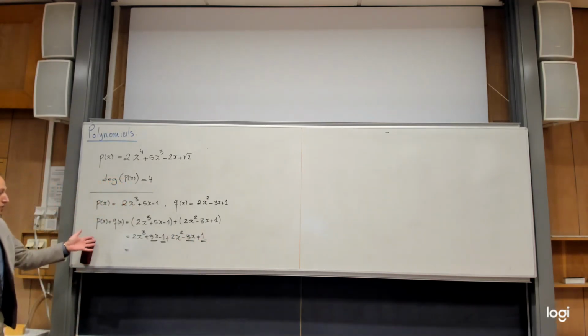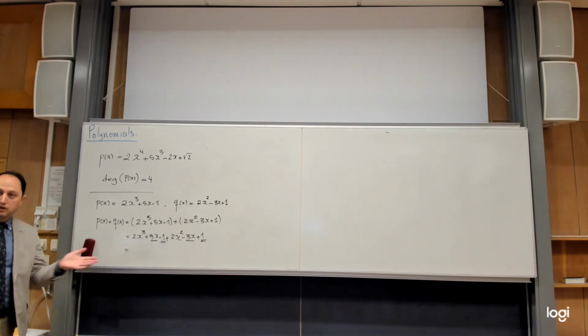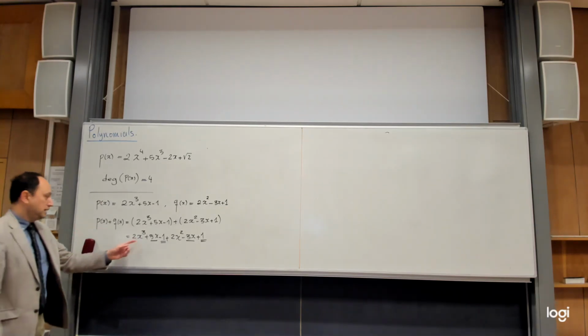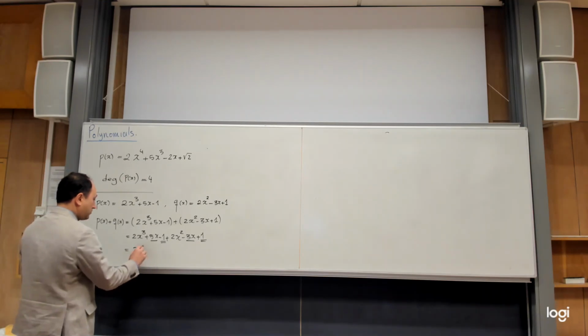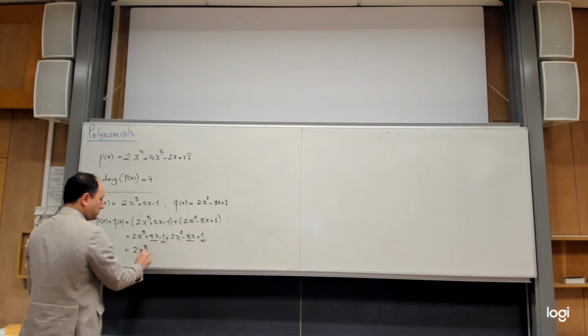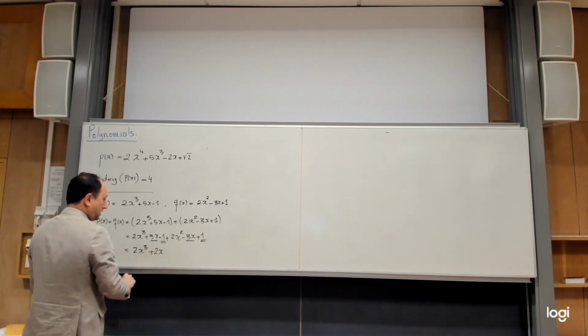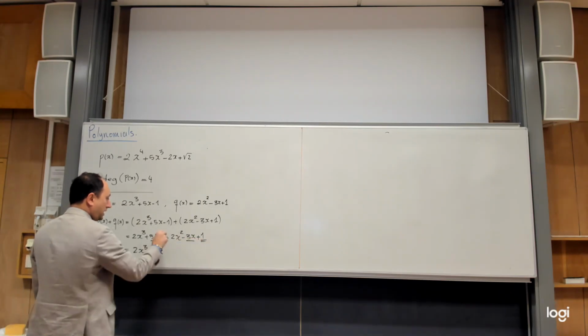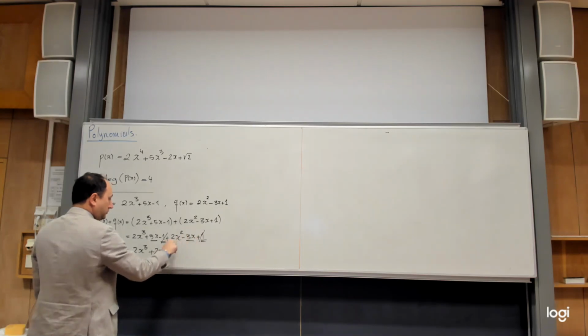And then we can start adding or subtracting them correspondingly. So I would write 2x to the 3, and then I will have 5x minus 3x, which is positive 2x, and then minus 1 and 1 are cancelled, and I am left with 2x squared.